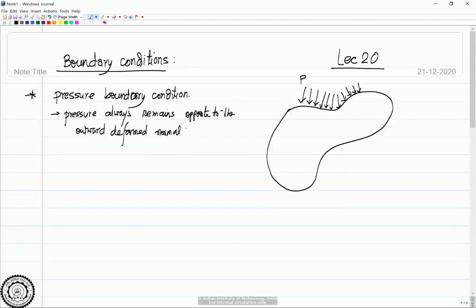So you can see it's not constant, isn't it? It changes as the body changes its configuration. So therefore it is also called a live load. It's a live load because it is changing as the body is changing its configuration.